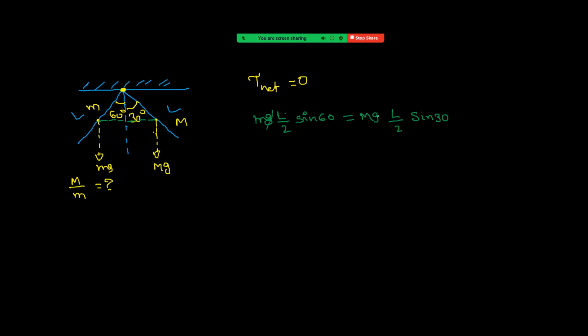Okay, g L by 2, g L by 2 gets cancelled. Capital M by small m. Sine 60 is root 3 by 2, and this is now 1 by 2. 2 gets cancelled. It is now root 3. Okay, so very simple and direct problem. Let us see the next one.